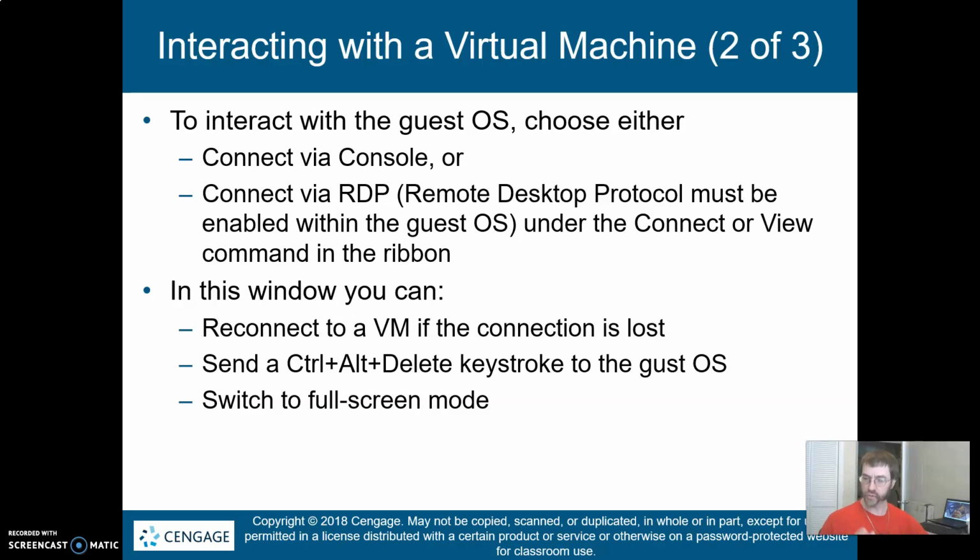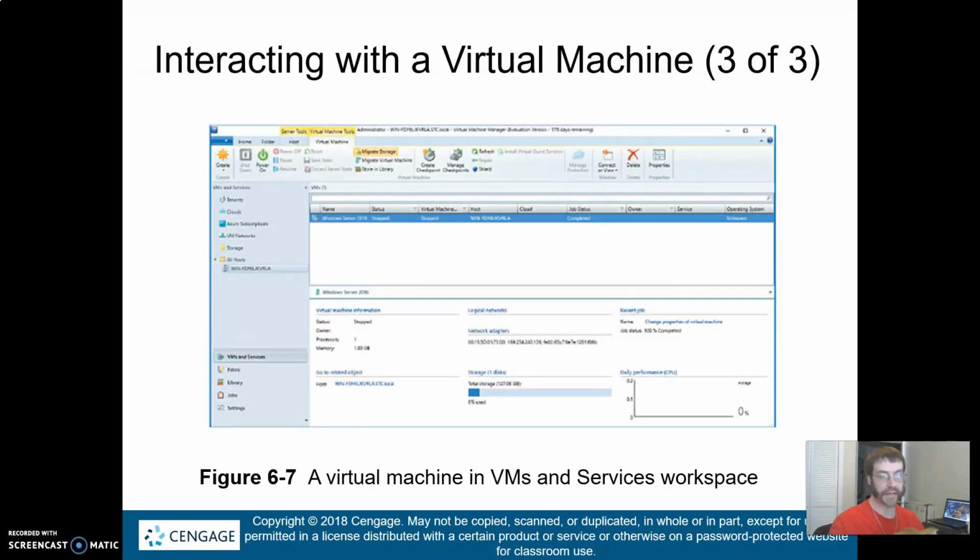If you've ever made a remote desktop connection, there's that blue inverted trapezoid with the name of the VM and some basic buttons, including what looks like a cellular signal strength glyph, which actually will disconnect you. You can connect to that VM if the connection is lost. You can send a Control-Alt-Delete keystroke to the guest OS. You can switch to full screen mode, and then it really will start looking like remote desktop.